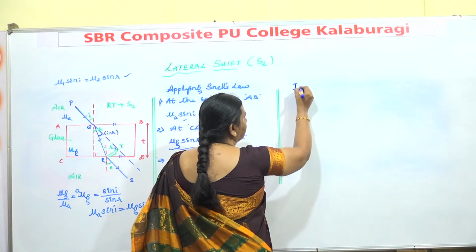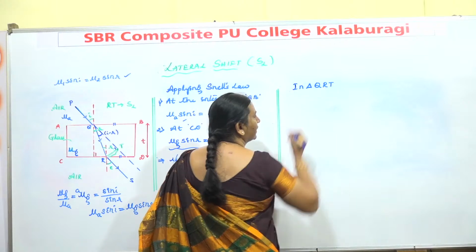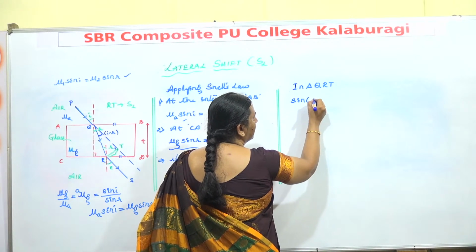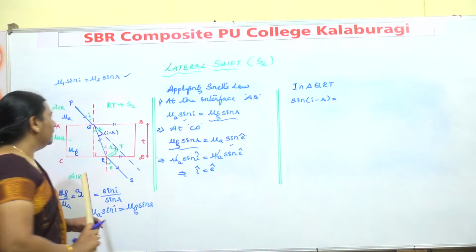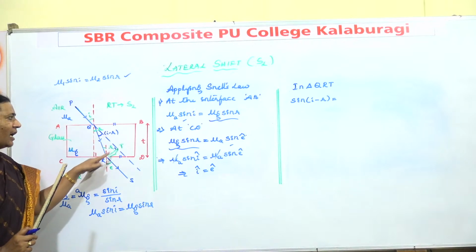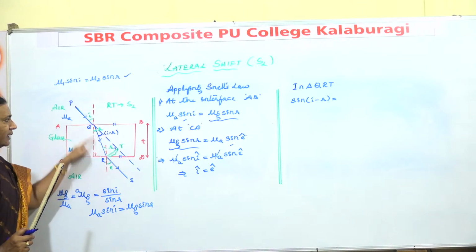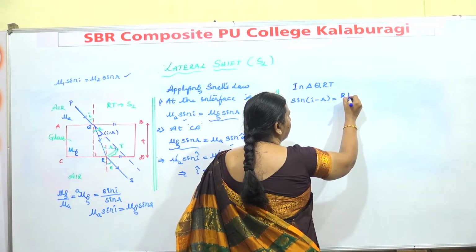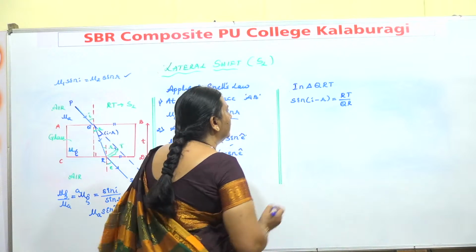In triangle QRT, what can I write, sine of i minus r? Sine of i minus r angle, the opposite side. The opposite side itself is nothing but RT, that is SL, divided by QR. So first let me write RT divided by QR.